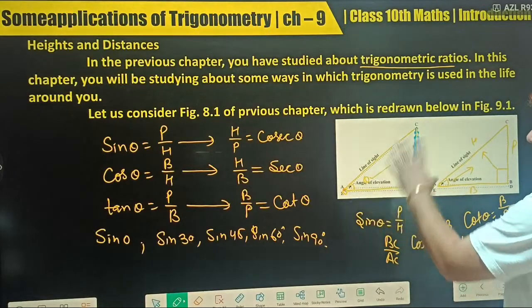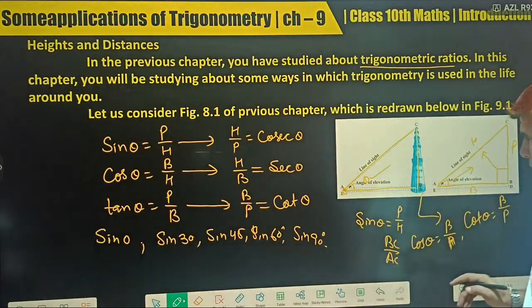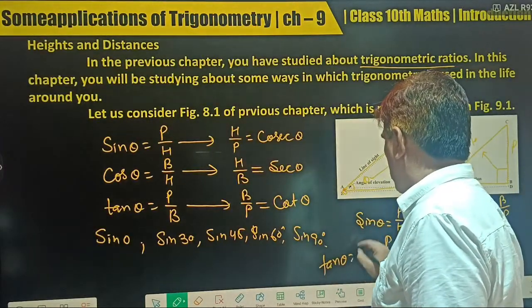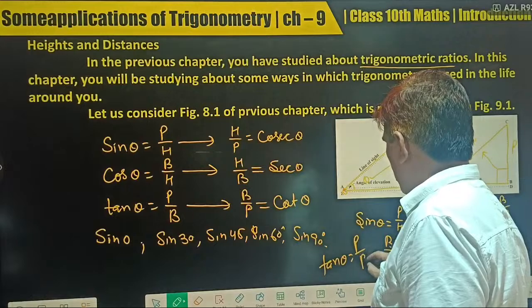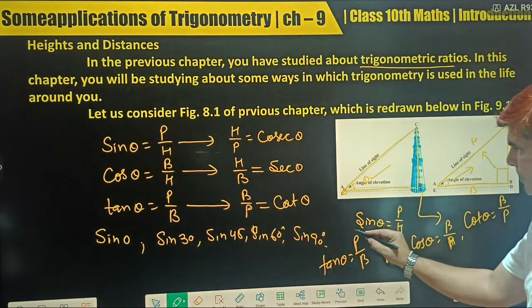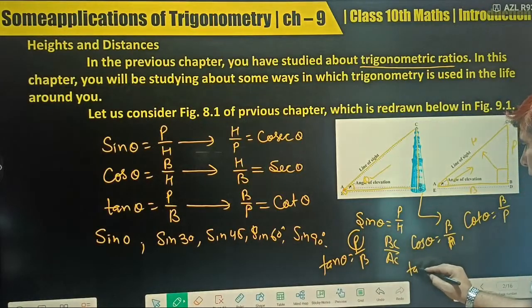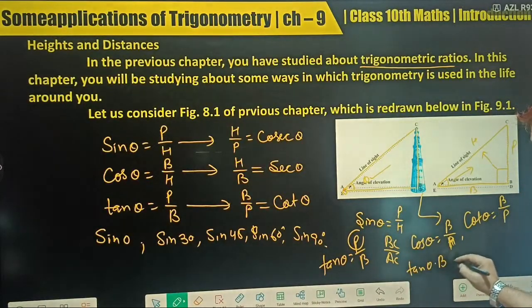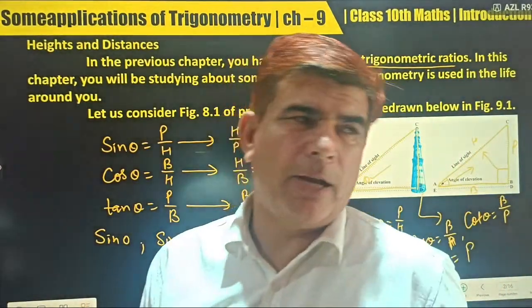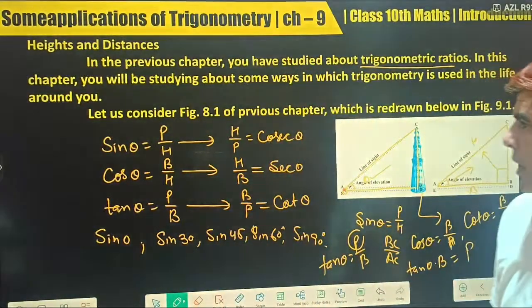Otherwise, directly we can find tangent theta is equal to perpendicular by base. Which do we have to find out? This perpendicular. So tangent theta into B is equal to P. So in this way, trigonometry is helpful, and these are the applications.